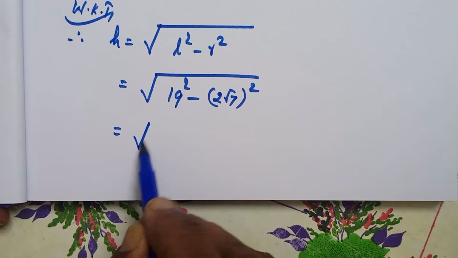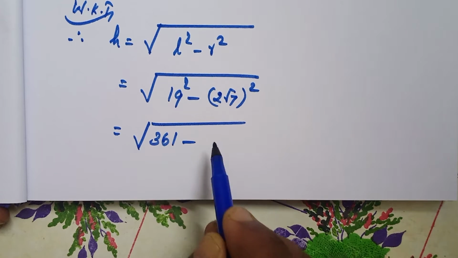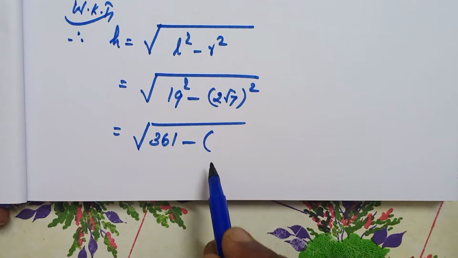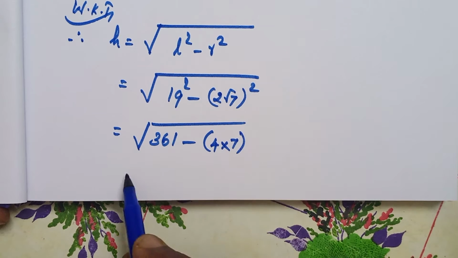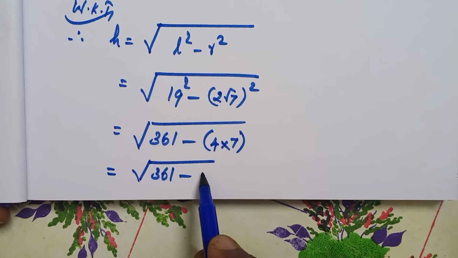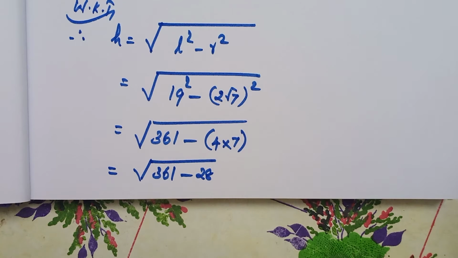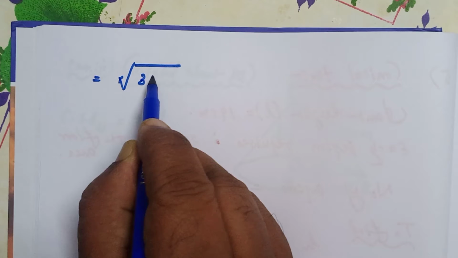That is equal to 19 square, that is 19 19s are 361, minus. We have to square both 2 and root 7. 2 squared is 4 into root 7 squared is 7. That is equal to square root of 361 minus 4 7s are 28, equals 361 minus 28, that is equal to 333. Square root of 333.